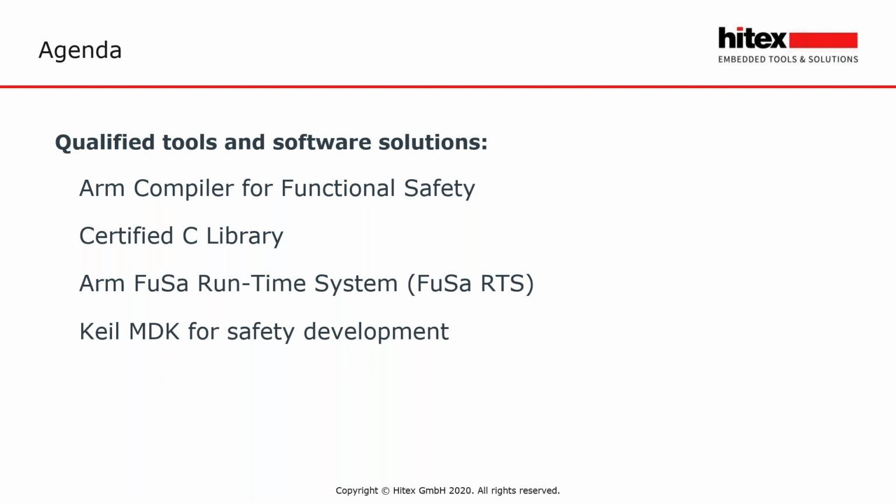In addition to the basic compiler, Keil and ARM also provide a certified ANSI-C library for use with the compiler, and also a functional safety runtime system that provides you a number of reusable components that you can use in safety-related projects. All of these integrate very tightly into the Keil MDK, so you can have a safety-related toolchain that is pretty much the same to use as the standard MDK. So this gives us a very easy way to adopt safety software and begin development fairly painlessly.